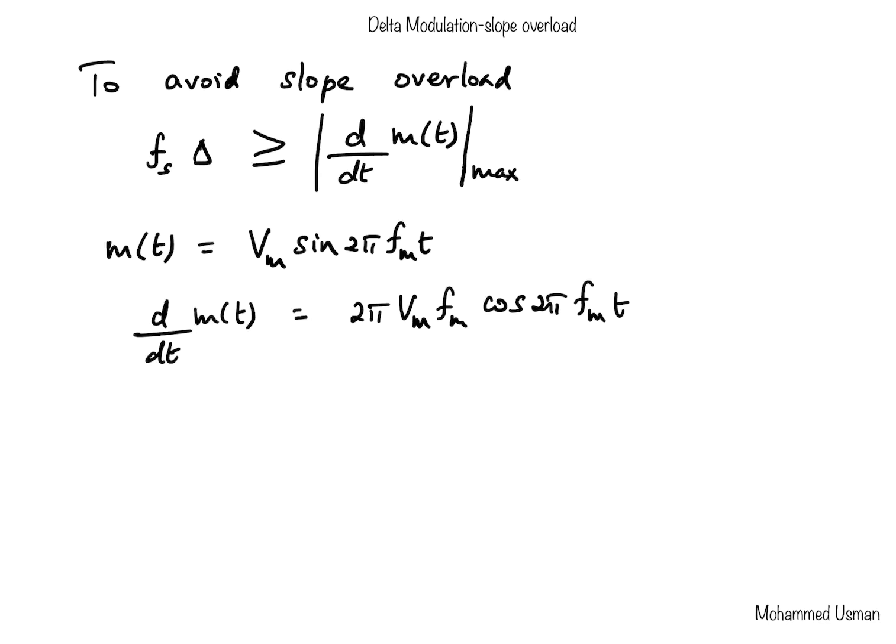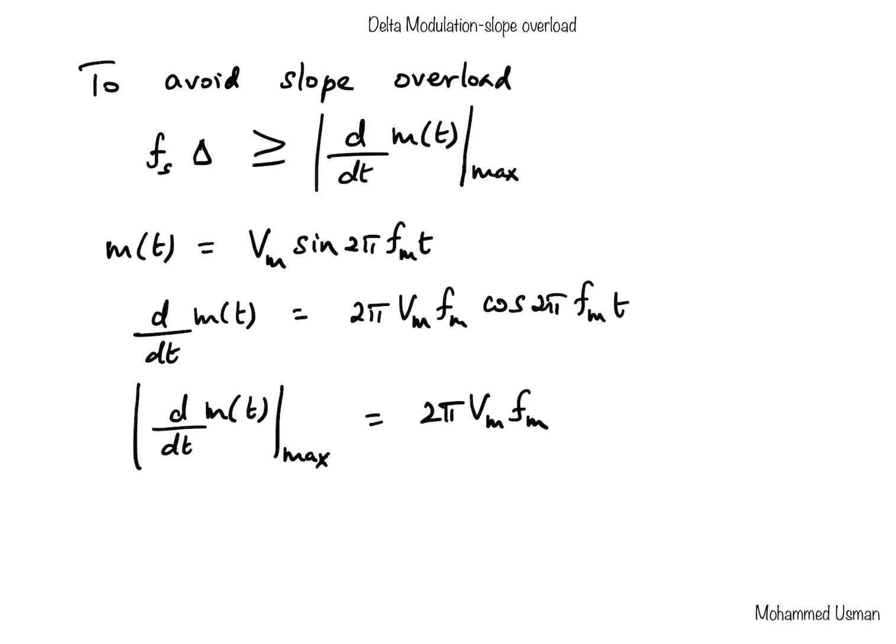And then from this we can take the peak magnitude. So the maximum value of the magnitude of d by dt of m of t is simply 2 pi Vm fm.